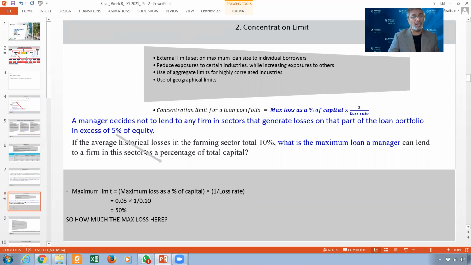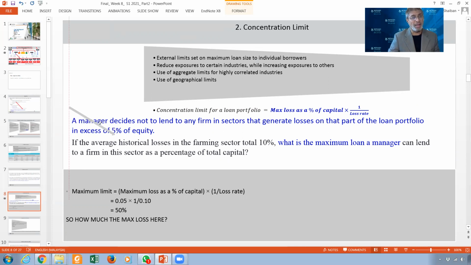And you have to look at the industry itself. So in this case, if the management has a high tolerance, which means the limit of losing if they lend to this industry is 5% of their equity, because the equity is the one that will take the losses for sure. So if they say, okay, we will accept up to 5%.